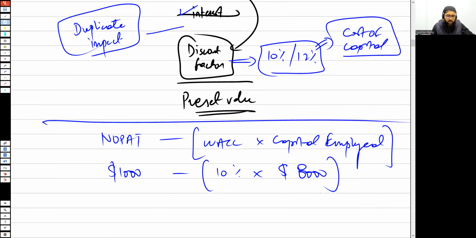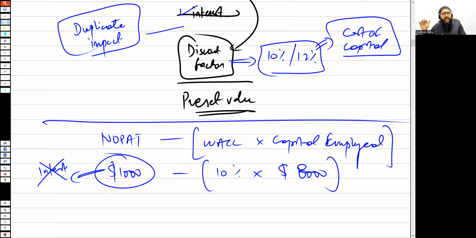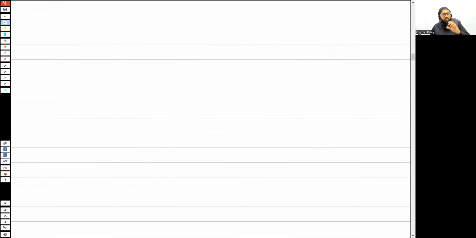Now, if we are deducting the cost from the capital employed, this NOPAT, this profit, should not actually include the interest expense, because otherwise it's going to be double counting. Just like when we avoid it in the NPV calculation, in the EVA calculation this NOPAT would not include the interest expense.